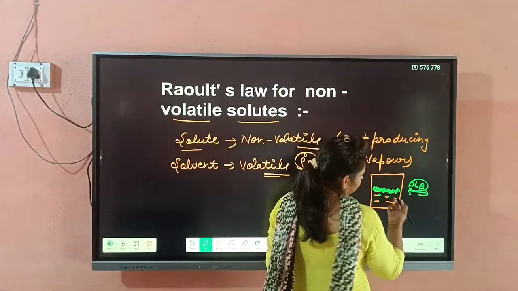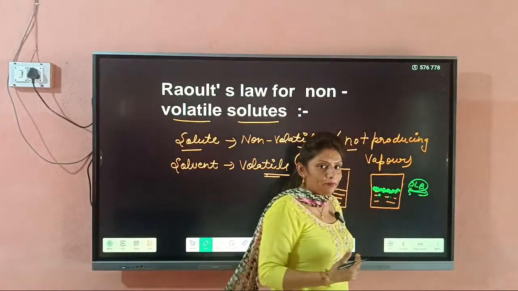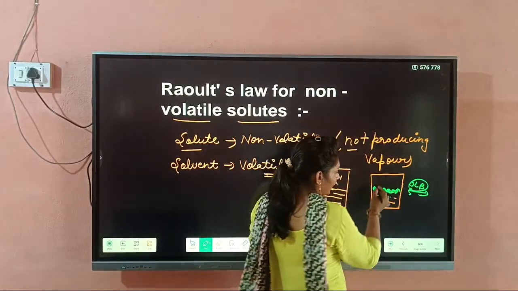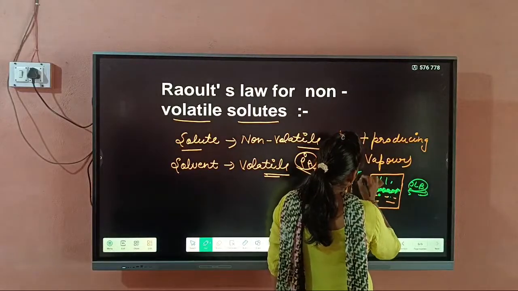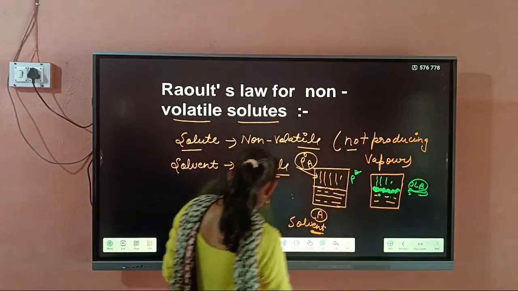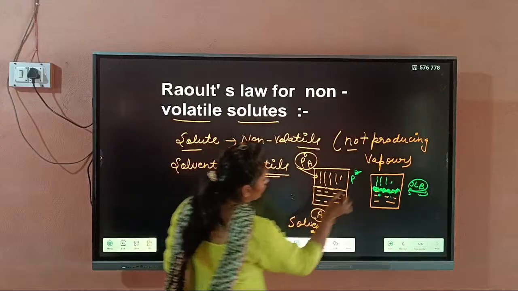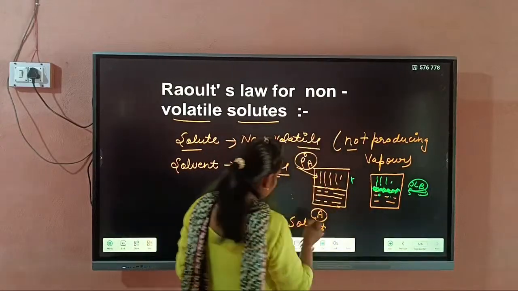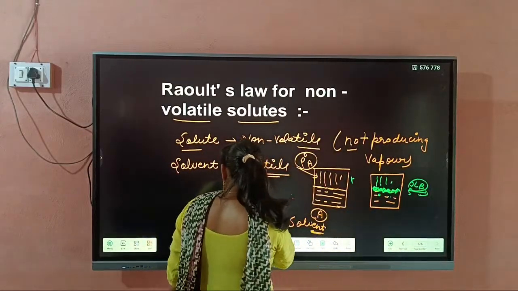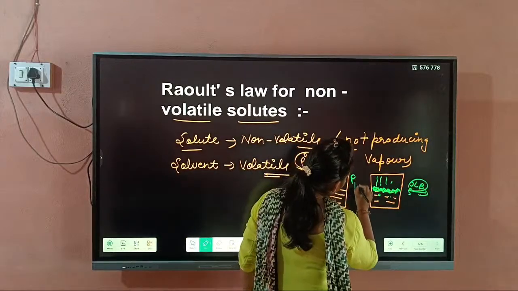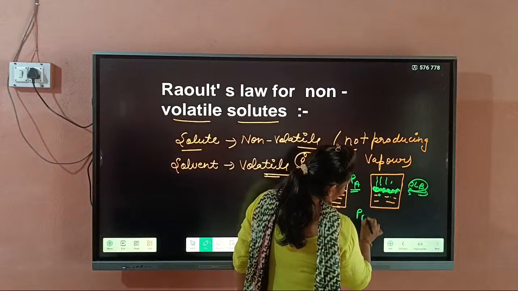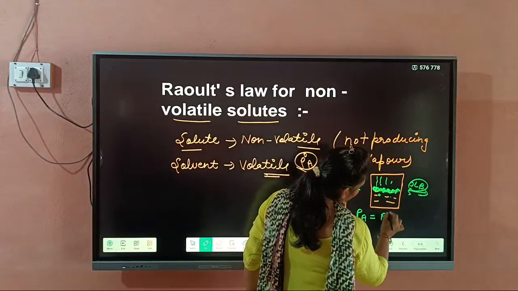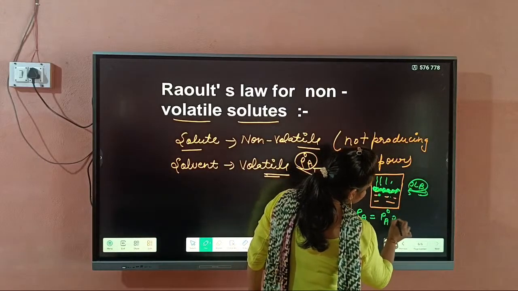So they decrease the vapor pressure. Now here vapor pressure will be PA, or according to Raoult's law, PA is equal to P naught A XA.